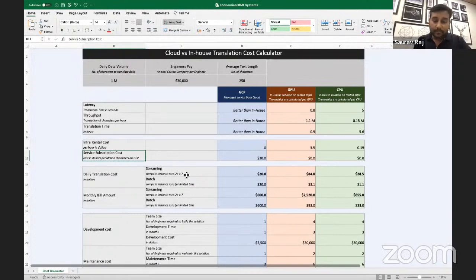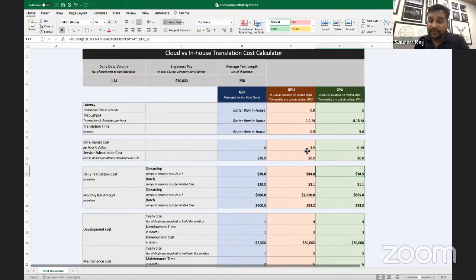So if your use case is of type streaming or a real-time use case, on GCP, you'll be paying $20 to translate 1 million characters. For the solution running in-house, that is on GPUs, you will be paying $84. And the same solution, if you're running on CPUs, you will be paying approximately $28.